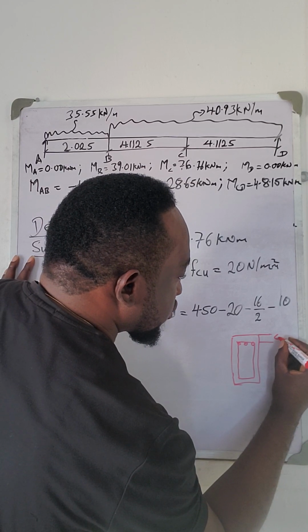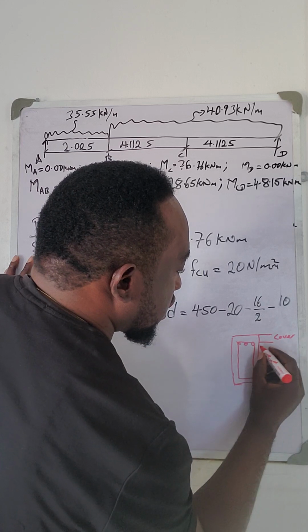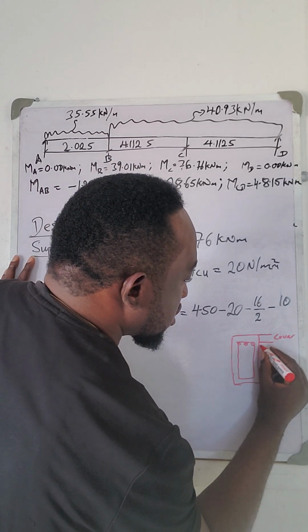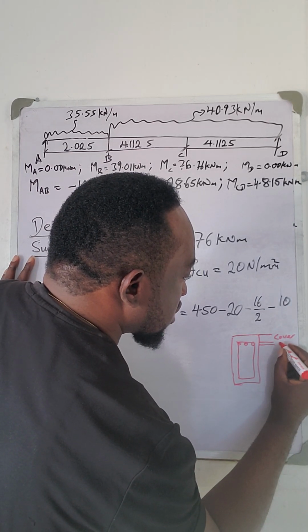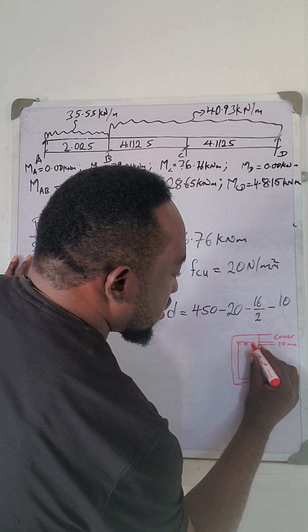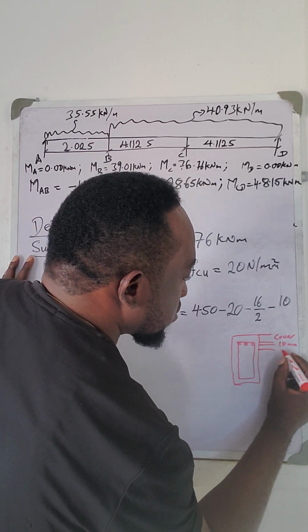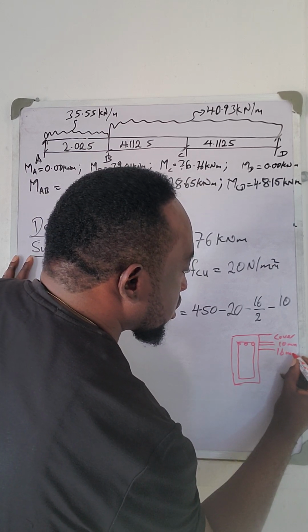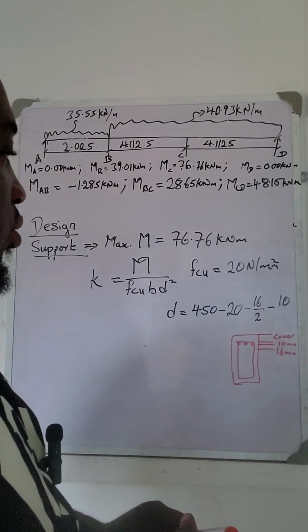That's the cover. Then we have the stirrup. The diameter of the stirrup is assumed to be 10 mm. Then the reinforcement is assumed to be 16 mm. So that is what we have there.